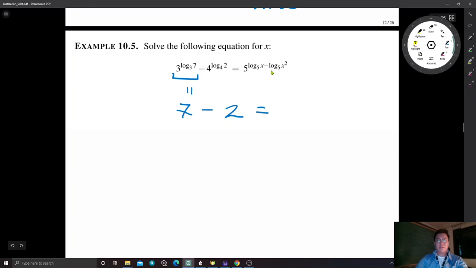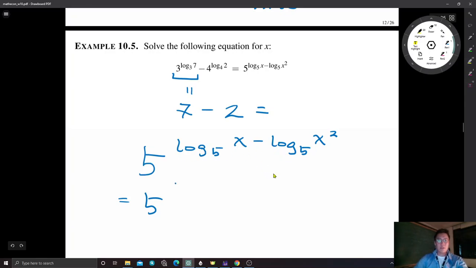And on the right hand side, we have 5 to the power of this quantity: 5 to the power x minus log with base 5 of x squared. Once again, a difference becomes division in logarithm.